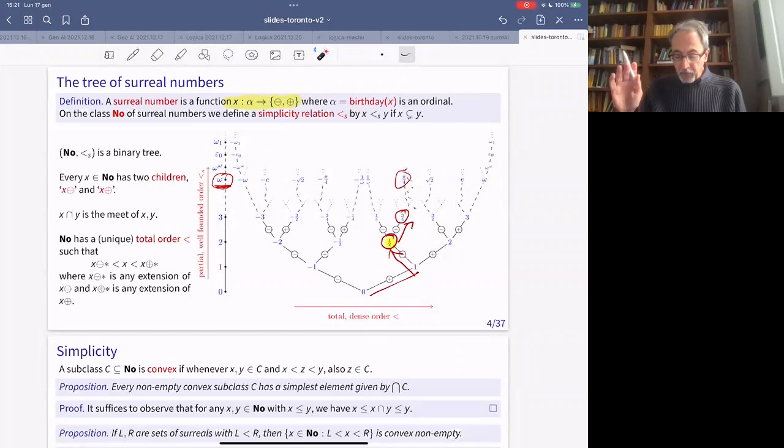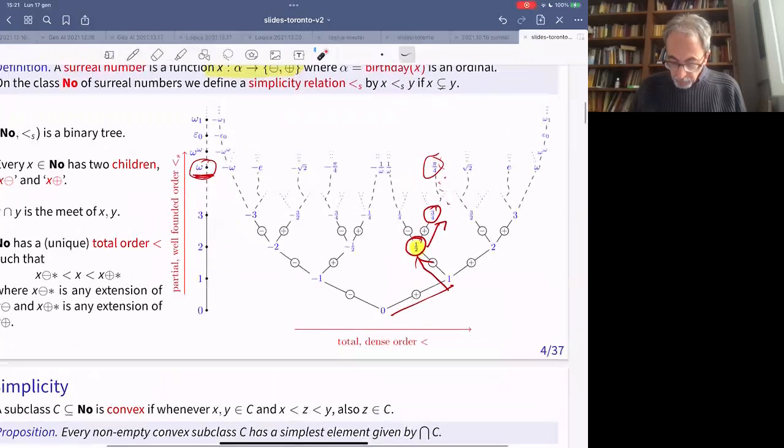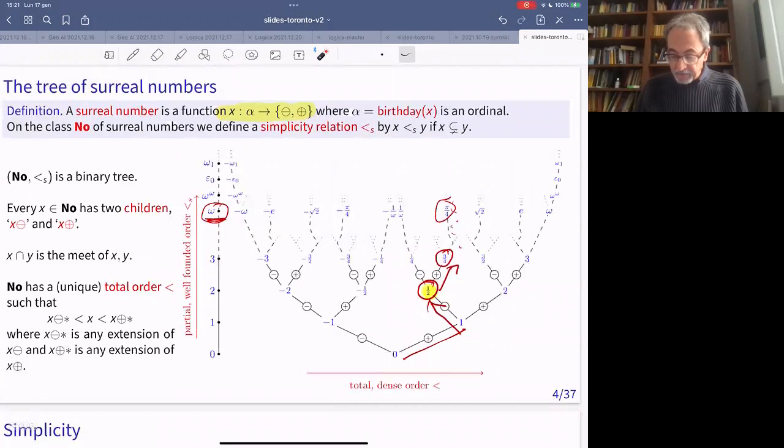You have two important binary relations on this big object. One is the tree-like binary relation, which is well-founded, and it's called simplicity. X is simpler than Y just means that Y is a descendant of X in the tree.